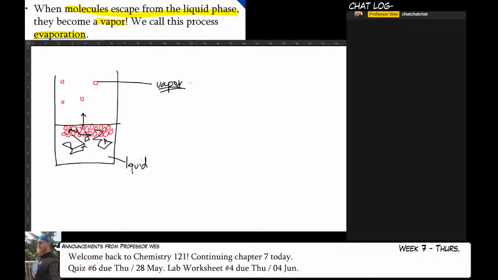But what a vapor is, is the phase of a substance acting as a gas, but below its boiling point.